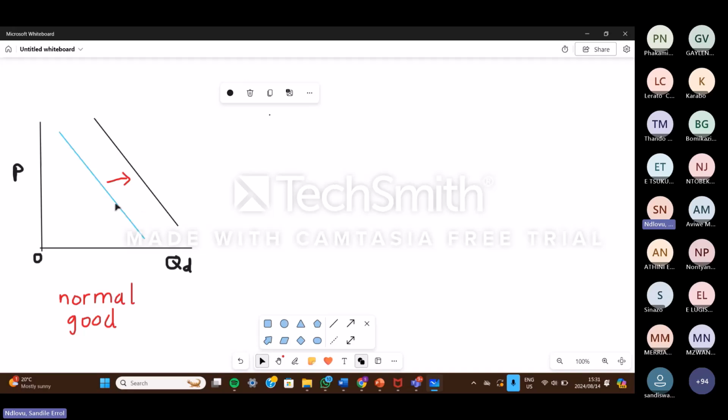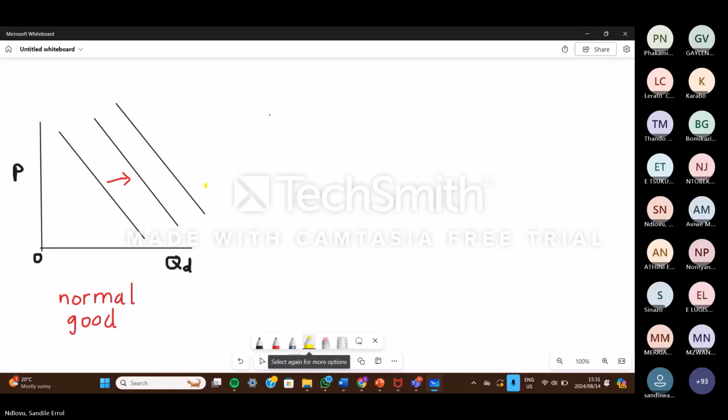For a luxury good now, an increase in income would result in a larger rightward shift in the demand line. So this is for a luxury good.